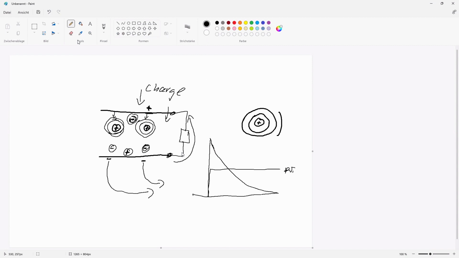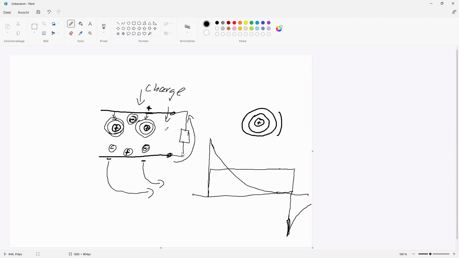When you go in this direction, you are here with your pressure, and you will have the flow of the electrons in the other direction until it is again zero, so that both sides have the same electrons or the same charge.